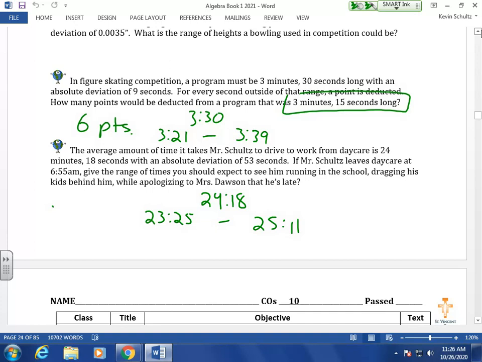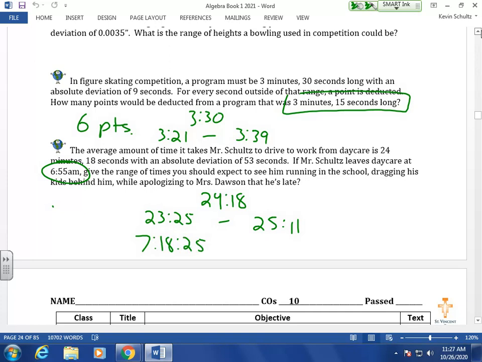So what this gives you here, that 2418 plus minus 53 seconds, is the range of times that it would take me to get here from daycare. But contextually, if I leave at 6:55 a.m., the soonest I could get here, adding 23 minutes and 25 seconds to that, is 7:18:25.